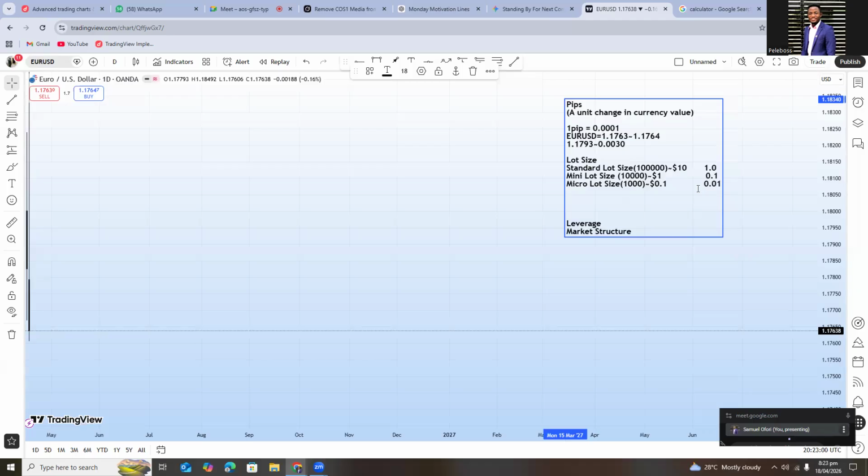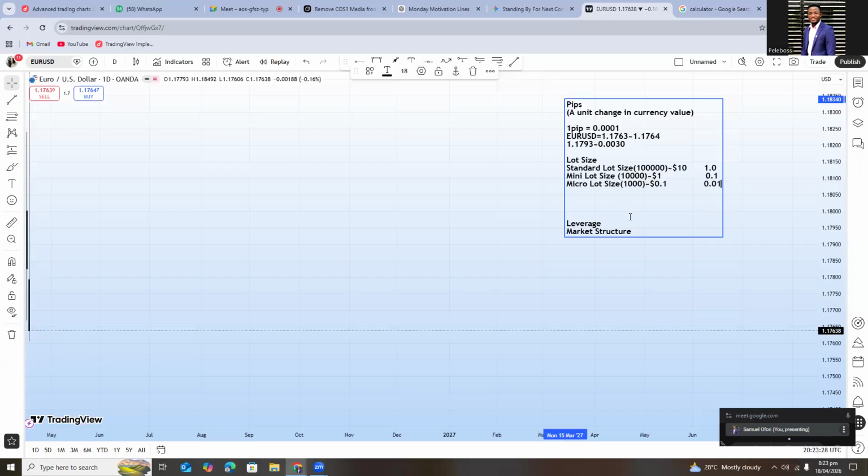So the lot size that you use is going to determine how much money you make. But then that one is also dependent on your capital. Because if you have, say, $10 in your account, you cannot use the standard lot size. It will not work. Okay. That is bigger than your account. Okay. I hope that up to this point, this is very clear. I'm taking my time to break it down further so that we will all understand it.